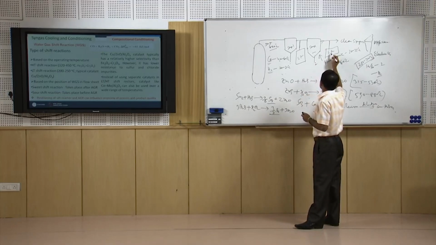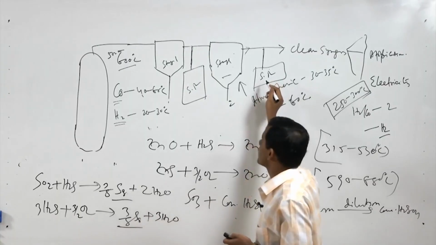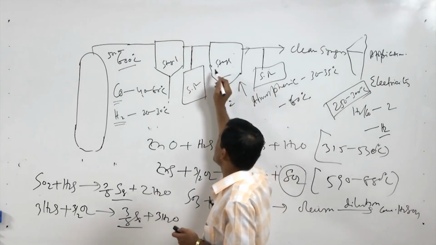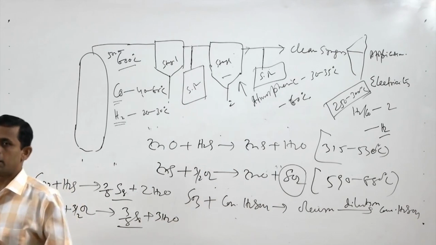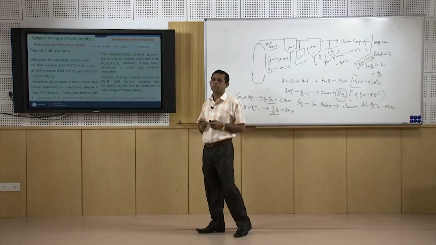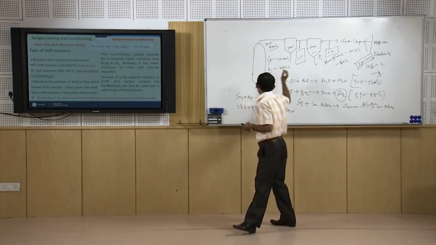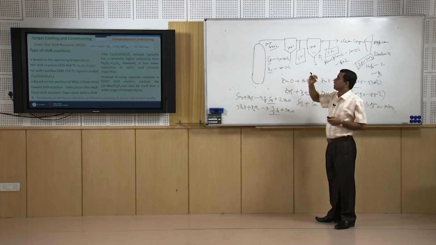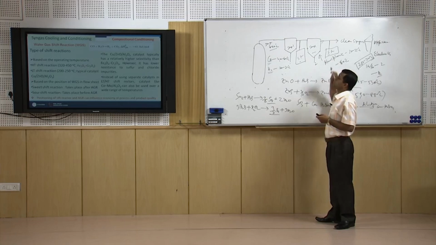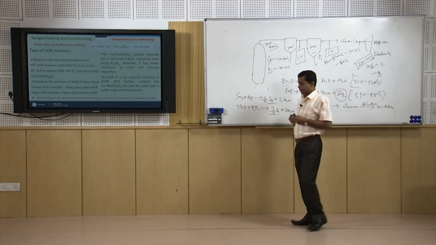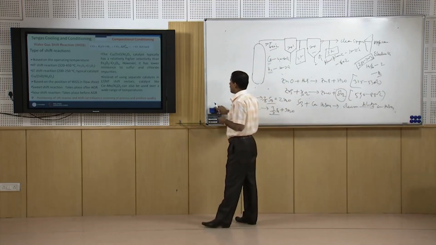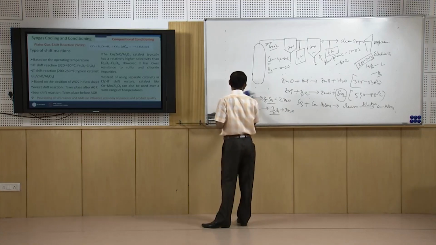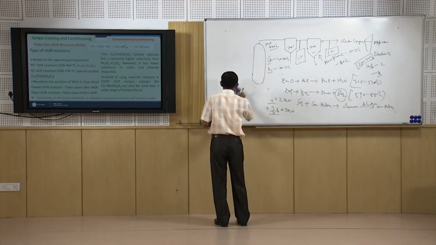So, when we use the shift reactor before or after acid gas removal, it will have different efficiency, and as here the syngas contains more impurities, the catalyst will also be different.